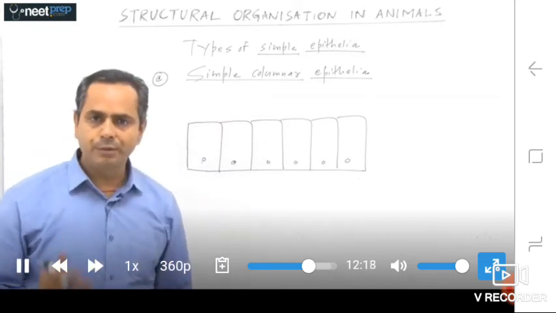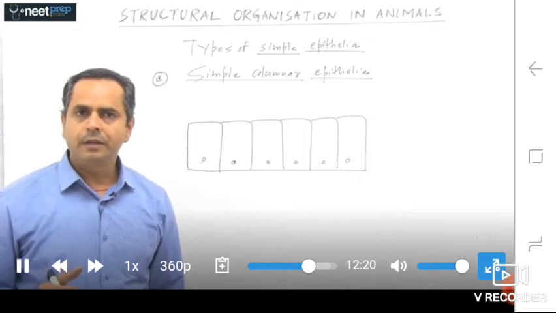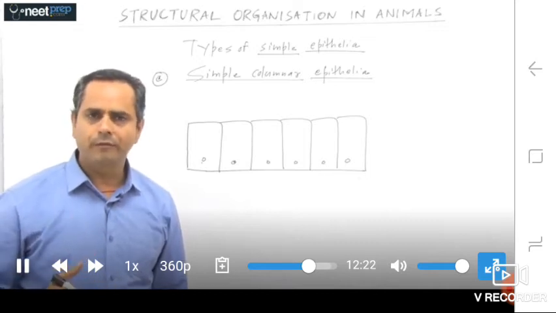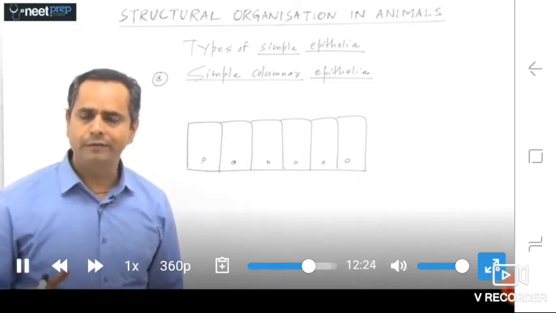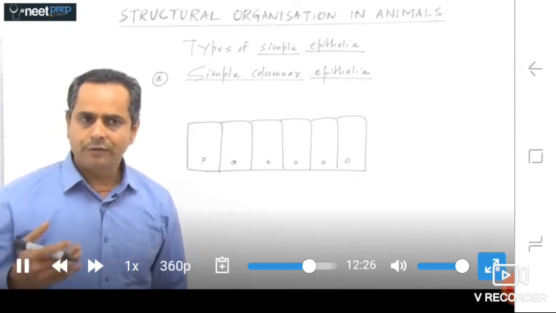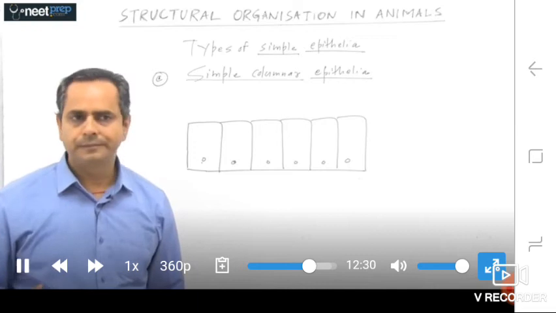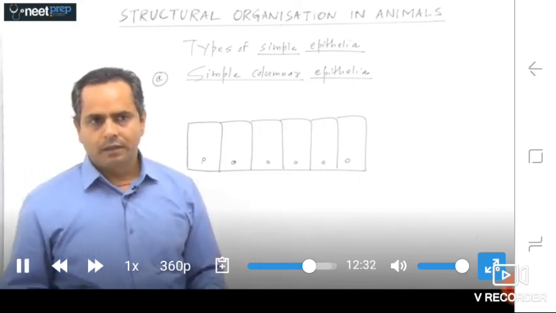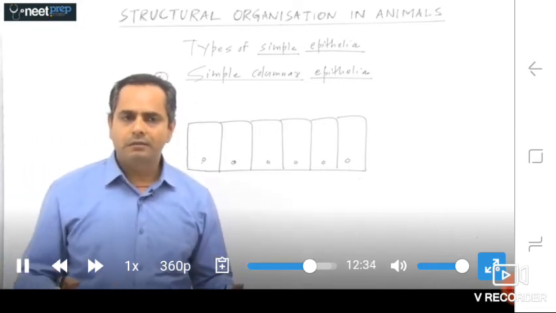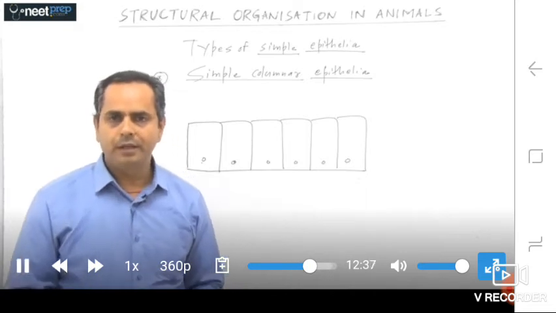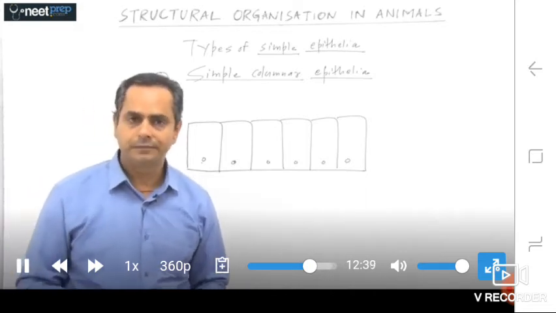And if we talk about their distribution, remember the inner lining of the alimentary canal, starting from the esophagus to the large intestine, most of the glandular activities happen in your alimentary canal.